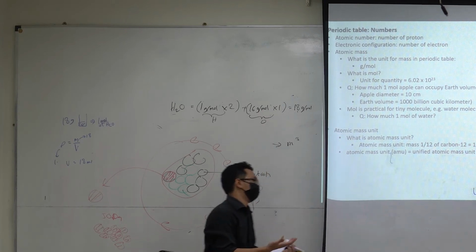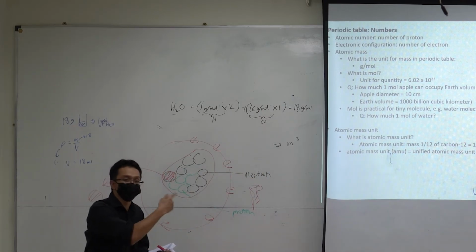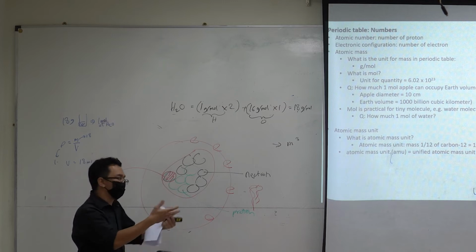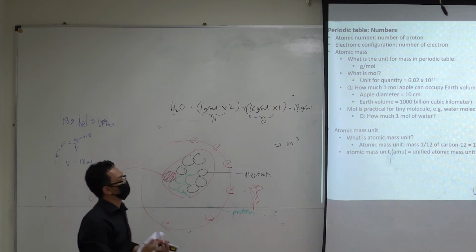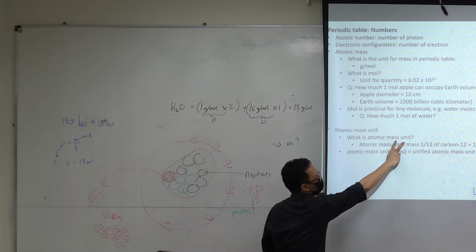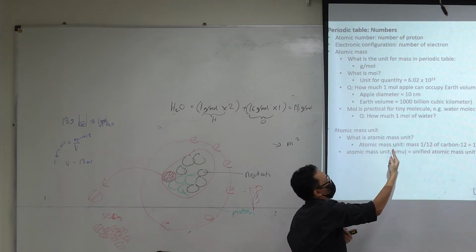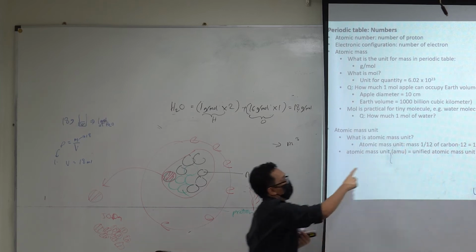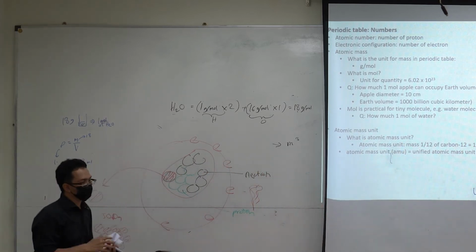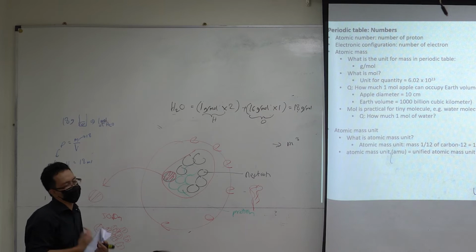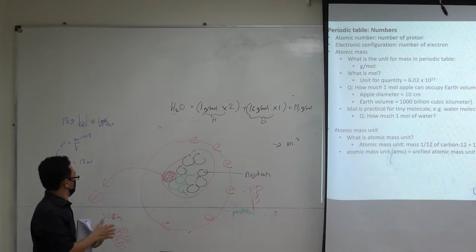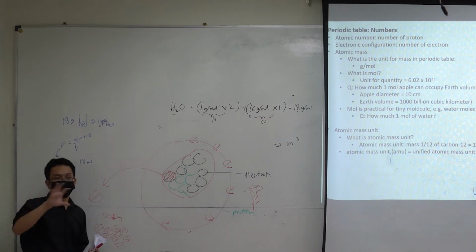But it's so small and so cumbersome to use that many numbers in your calculation. So that's why people come up with the term unit. Instead of saying this, they say the amount of atomic mass unit. But atomic mass unit is quite ambiguous. Not ambiguous, meaning that it's just like a brick, just one brick.